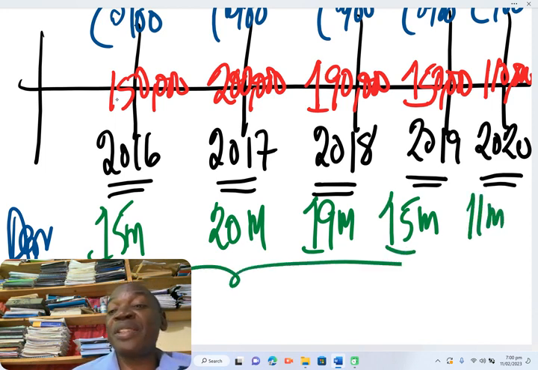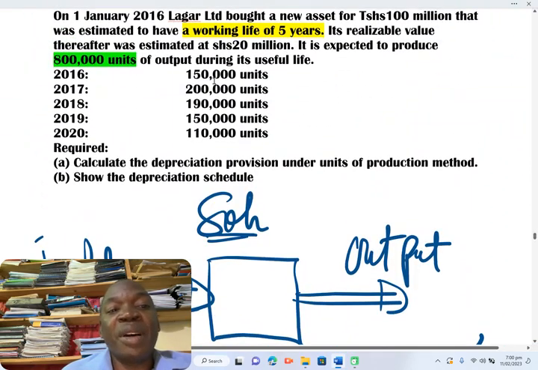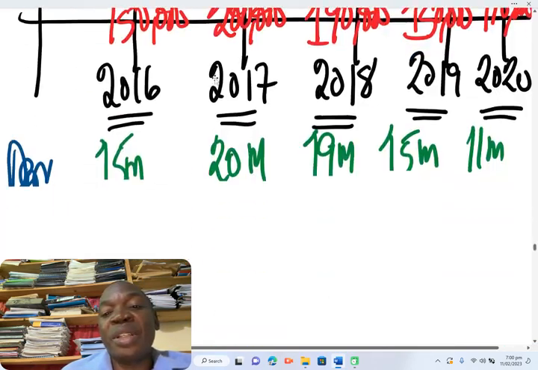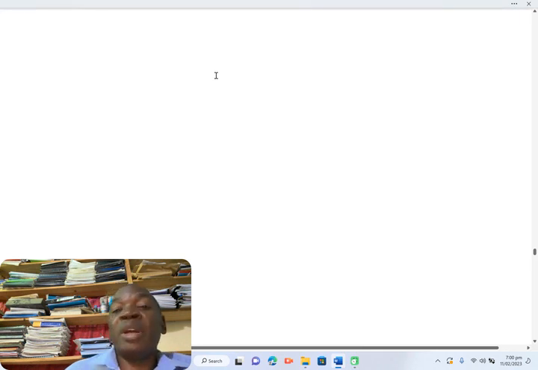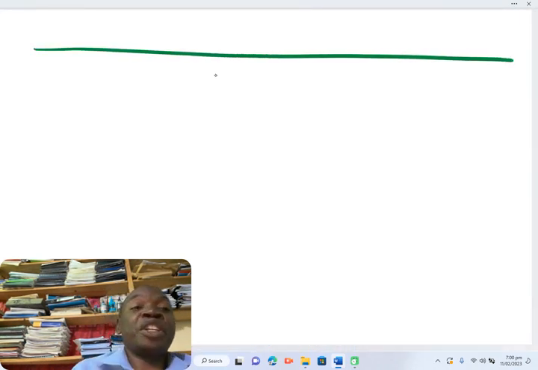So this is the depreciation being computed using the units method. We don't use the useful life of 5 years or whatever. We use what? The units method. So the schedule itself now, it's easy to depict the schedule.